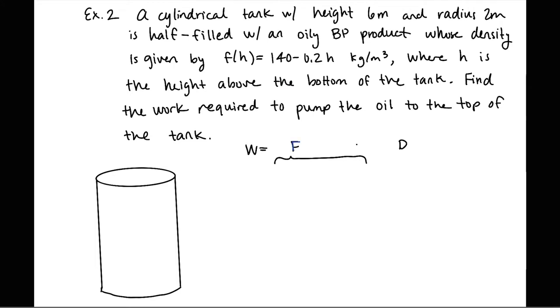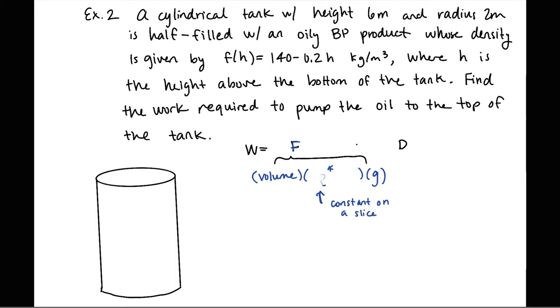Color code it, is going to be the volume times the density times gravity, which we're going to denote with a G. And we're assuming that density is constant on a slice.